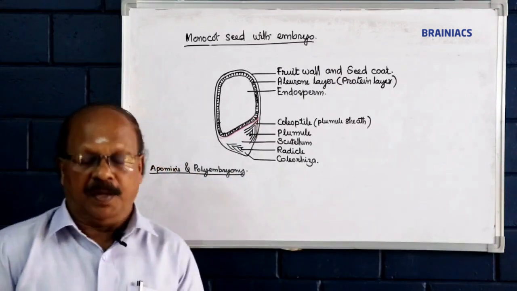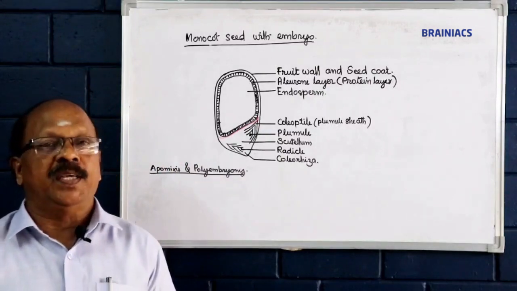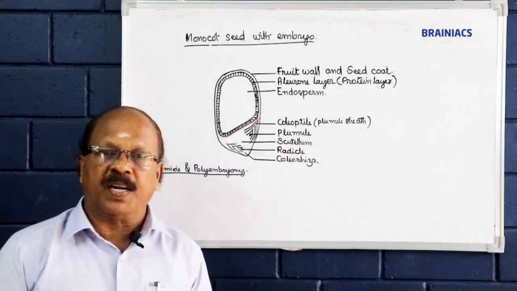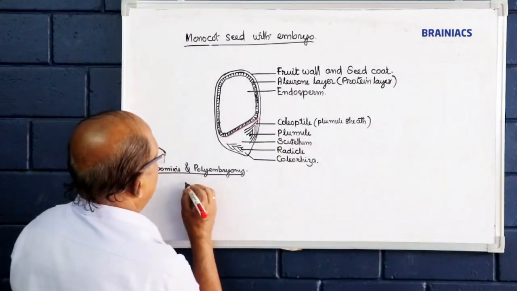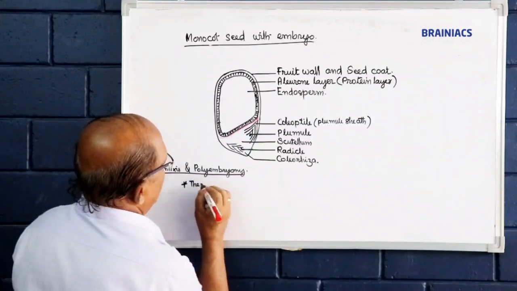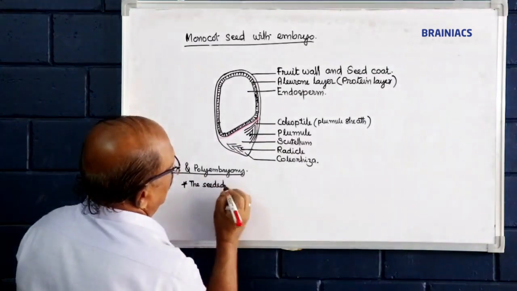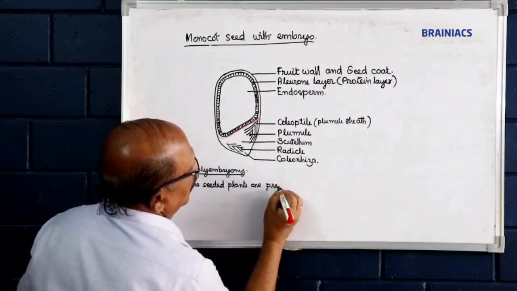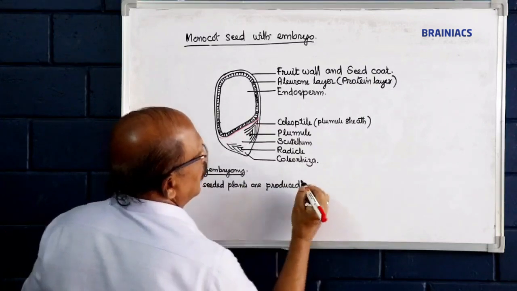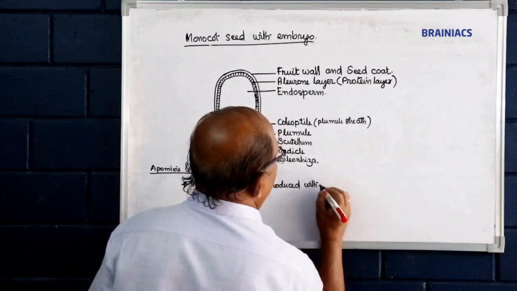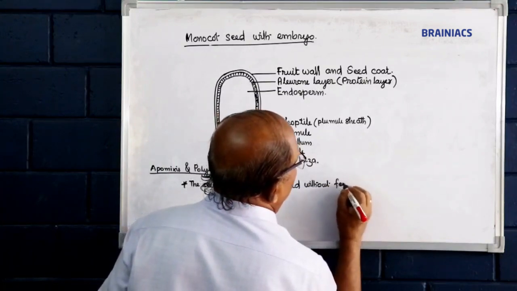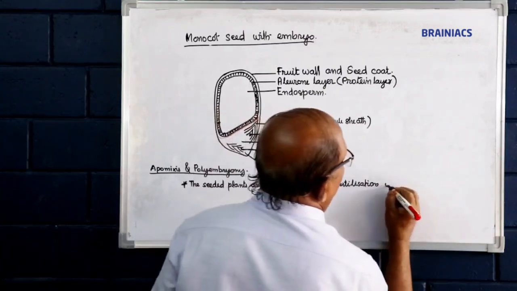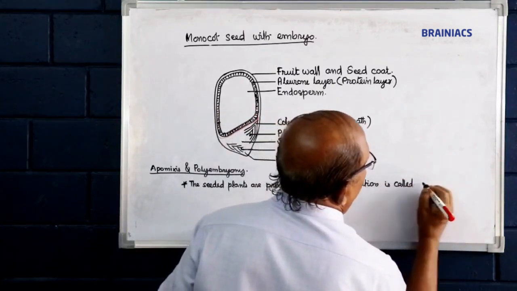Apomixis and polyembryony. So listen. The seeded plants produced without fertilization is called apomixis.